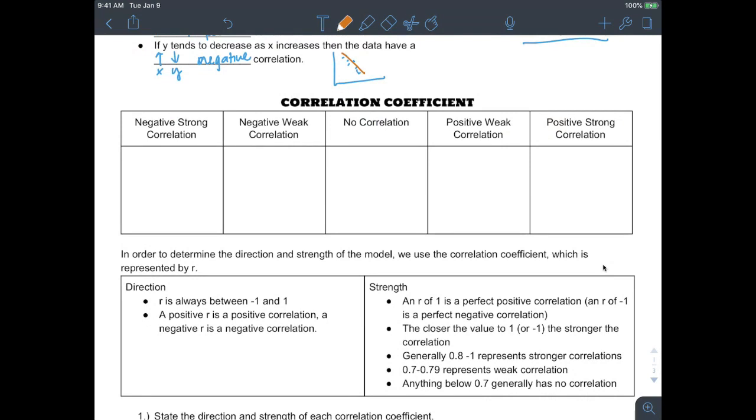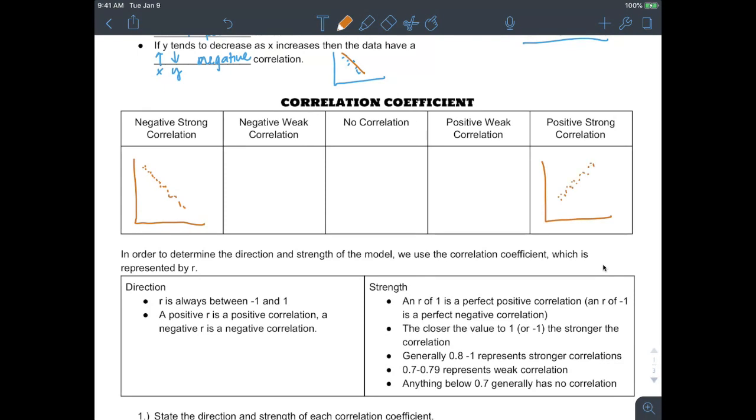So if the slope is positive or the slope is negative, or if it's really strong data or if it's kind of weak. A strong negative correlation would look something like this. So you can really tell that the line is going in the negative direction and the points are really close together. A strong positive correlation would be something like this.